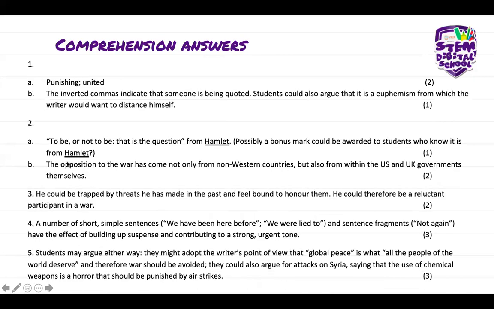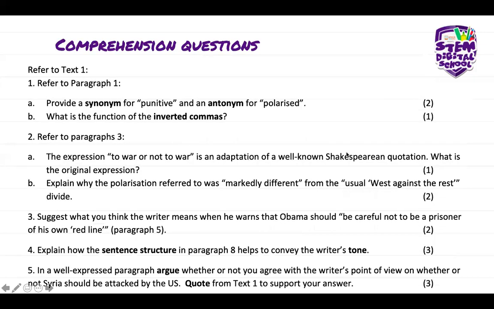It says here, the opposition to the war has come not only from non-Western countries, but also from within the US and the UK governments themselves. Let's go.